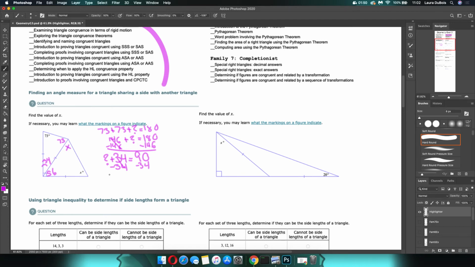So that means 56 plus your two x's are going to get us 180 degrees. So minus 56, minus 56, 2x equals what? 124. And now divide by 2, x equals 62 degrees.